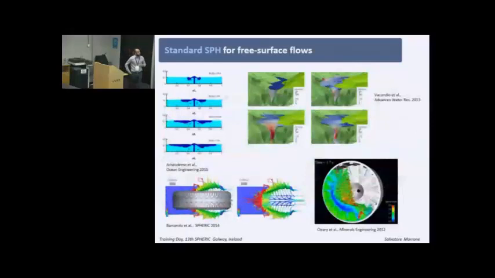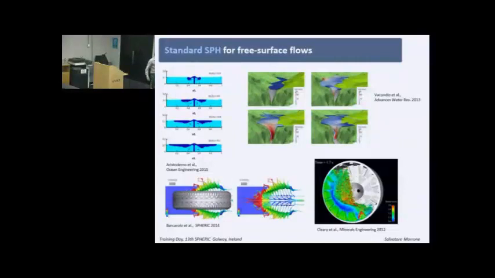And actually, most of the applications in the engineering field are done with the standard SPH scheme. Here there is a problem of diffusion of a pollutant in water. Here there is a problem of a dam break. This was the disaster of the Vajont in Italy, where there is a landslide that goes inside the basin, and then the water overcomes the dam, and you can see the evolution of the flow.